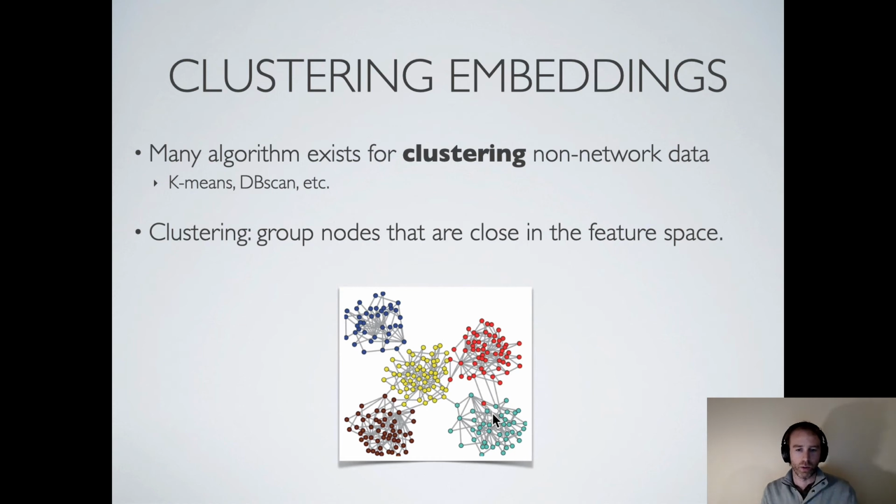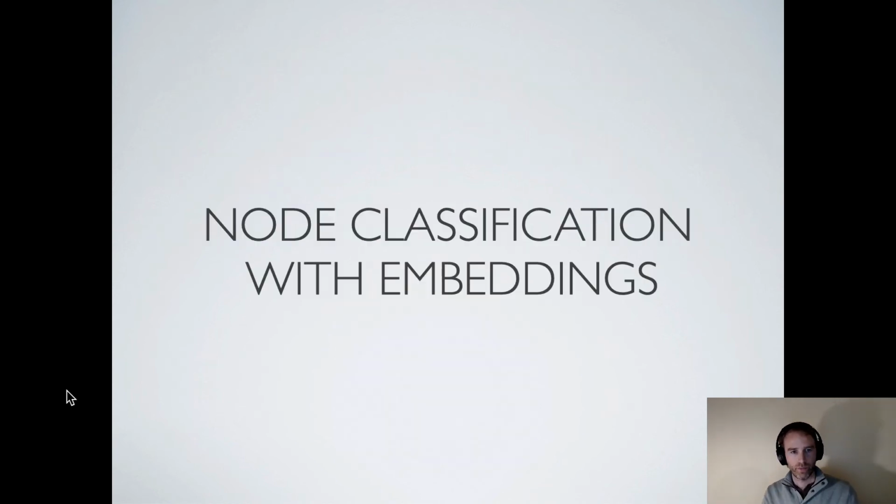And that's usually what you're searching for when you're searching for communities in a network. So you see that the two things are related, and that by searching clusters in the embedding, you're actually searching in some way for communities in the graph.